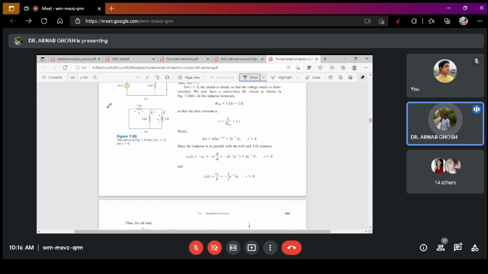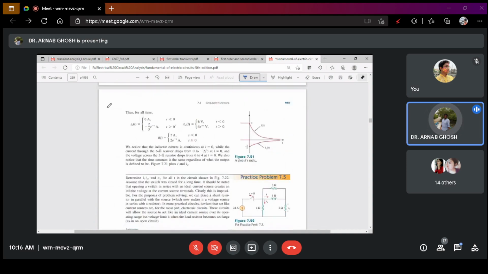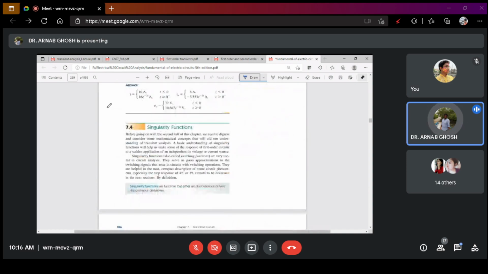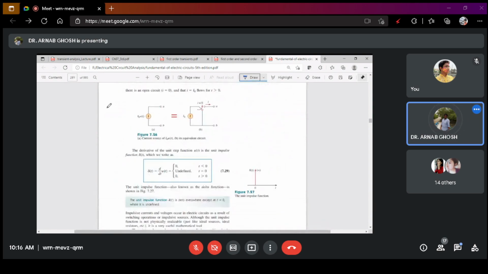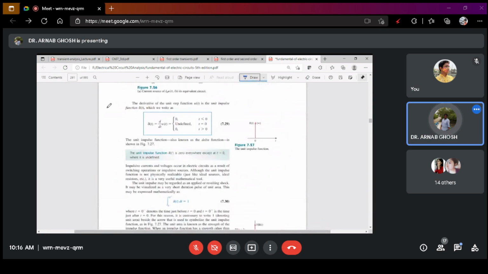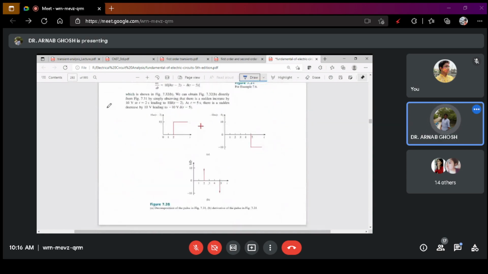In those conditions the circuits were acting as a discharging circuit, that is the capacitor voltage was decreasing or the inductor current was decreasing, and that was decreasing exponentially. Now when I talk about the step response, I am talking about the introduction of a new voltage, that is a voltage source.